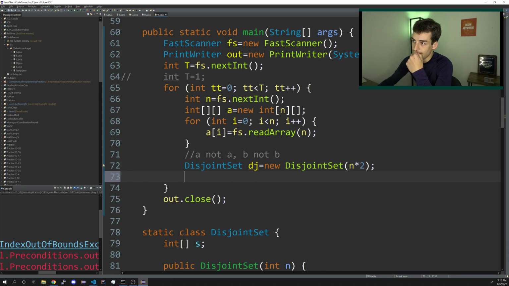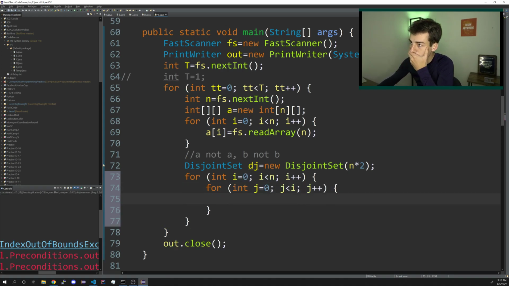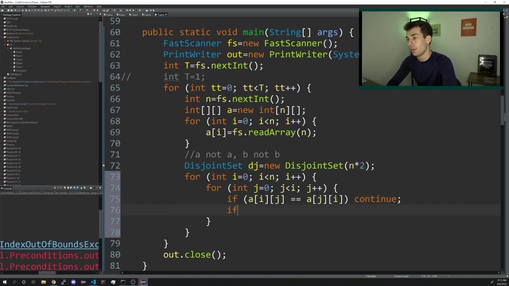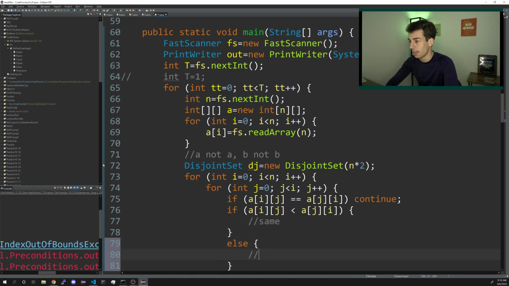Then for int i equals 0, i less than n, i plus plus, for int j equals 0, j less than i, j plus plus: if A at i j equals A at j i, then continue. Otherwise, if A at i j is less than A at j i, then we want same. Otherwise, we want opposite.